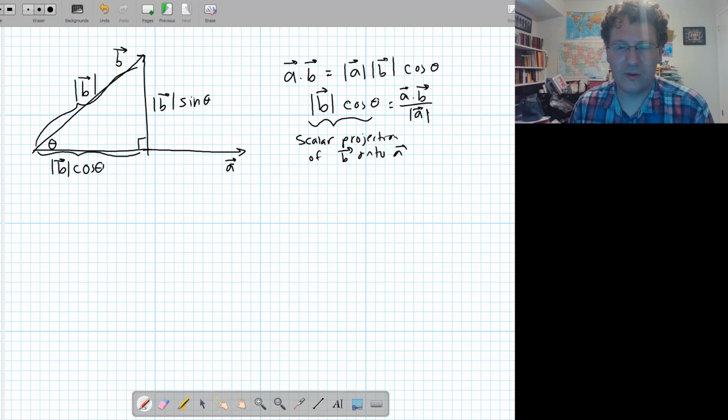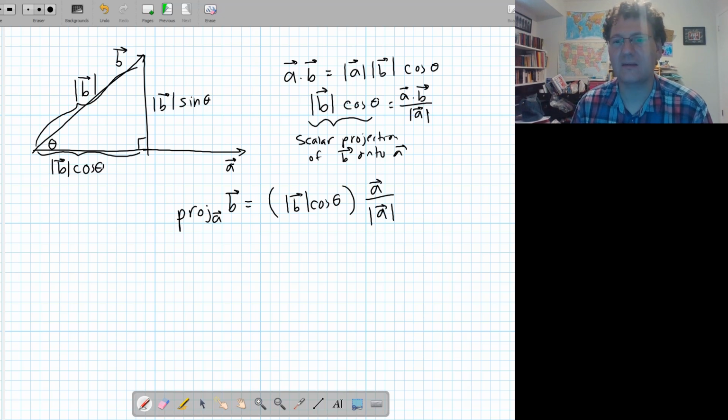So the vector projection of b onto a is going to be the scalar projection of b onto a times the unit vector of a. You take a and divide it by its magnitude, and it becomes a unit vector. You multiply that by the scalar projection, which is a scalar that tells you how long to scale this vector.